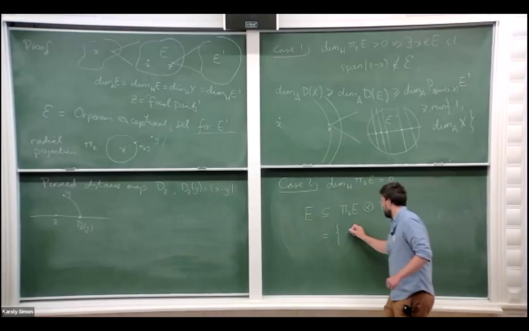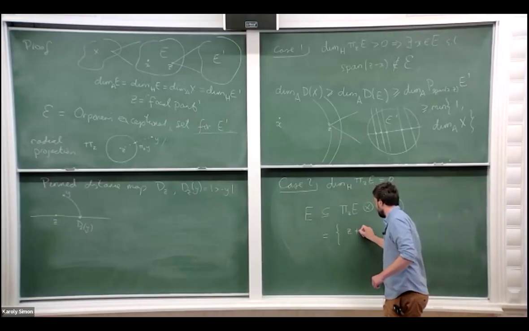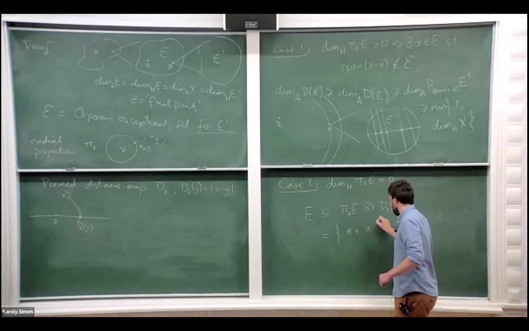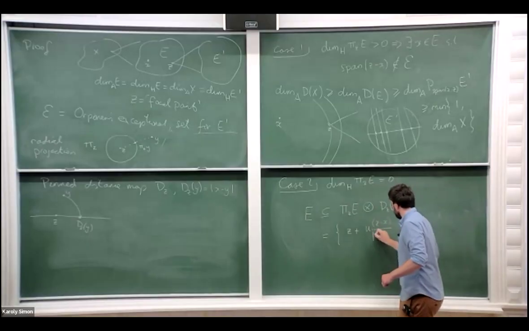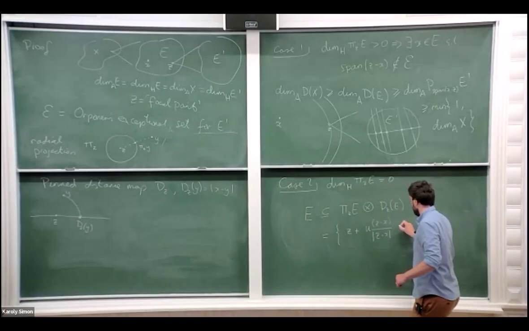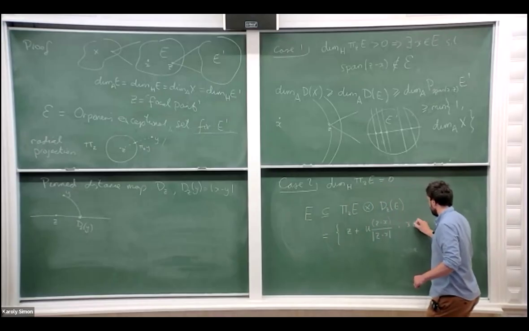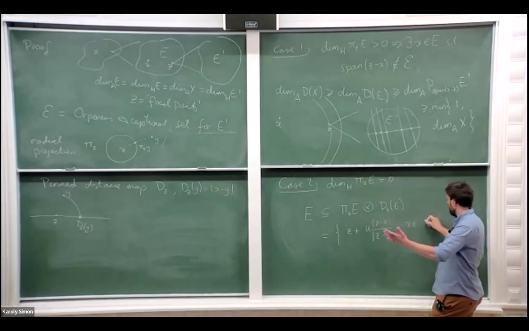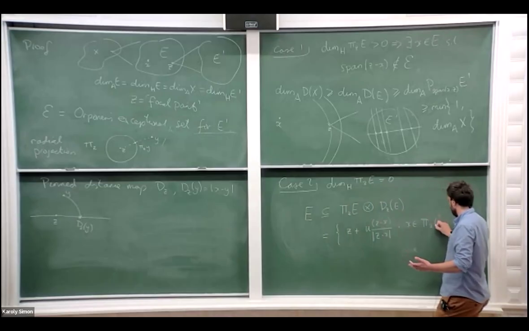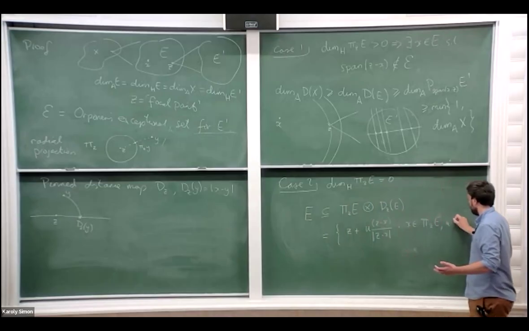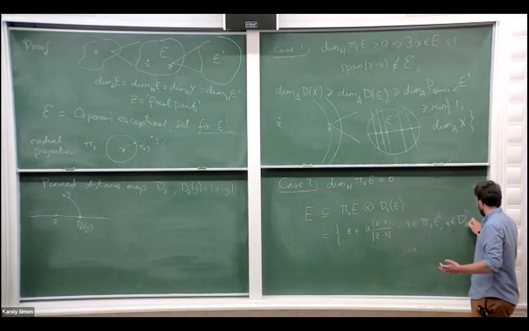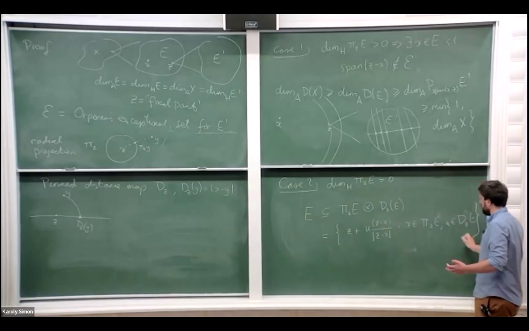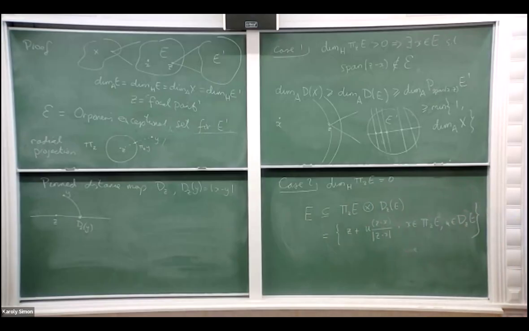So I want Z plus mu times Z minus X divided by the modulus of Z minus X, where X is determining a direction, so X is in here, and mu is determining a distance, so mu is in here. I don't think this definition helps, but I think the heuristic behind it is much easier to understand.